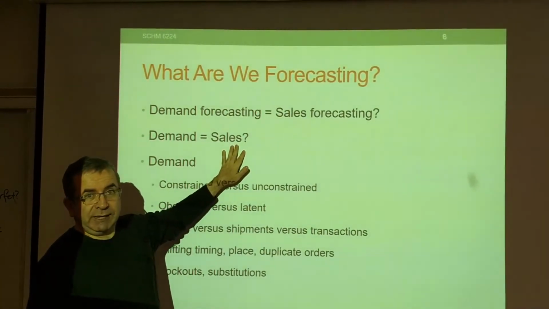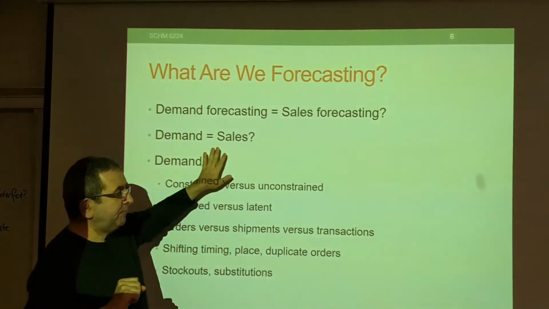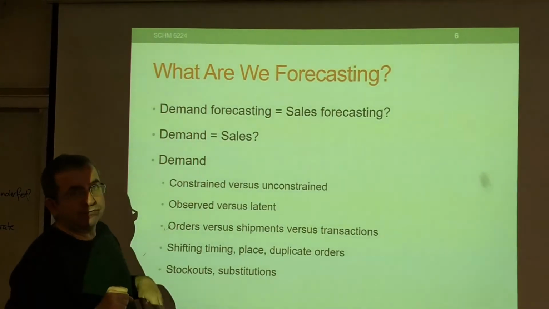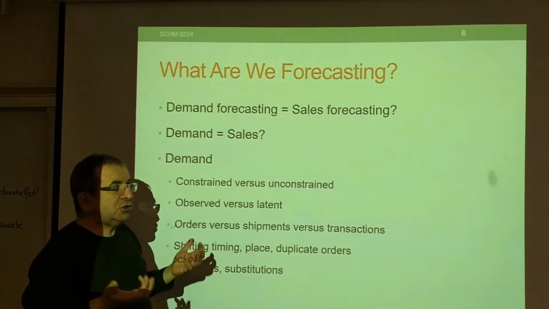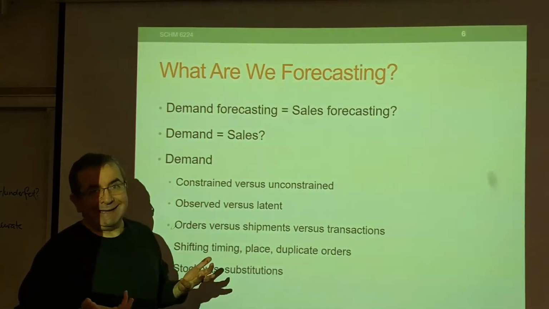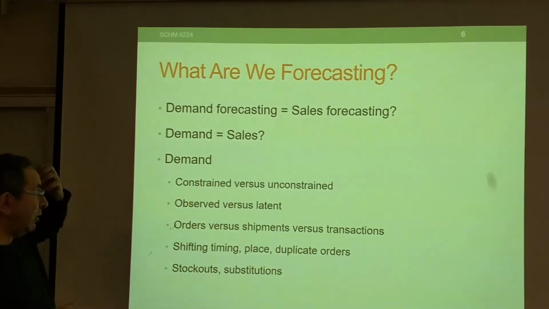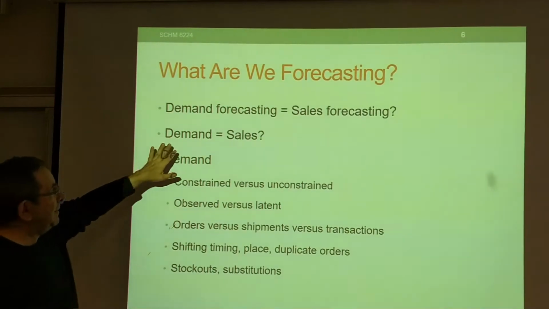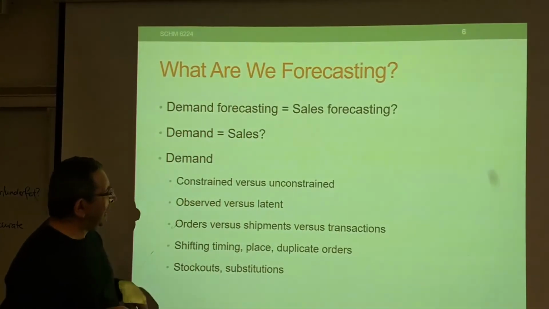We observe sales, we record sales, we have records of sales, but we don't observe demand. We don't observe the actual purchase intentions of customers, okay? So how come they're not the same? How come we observe this and not that?